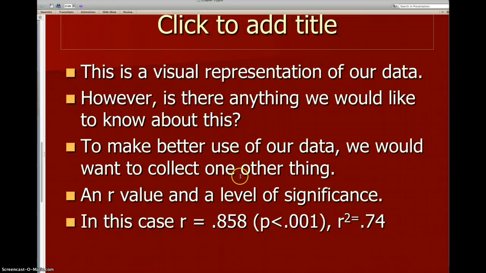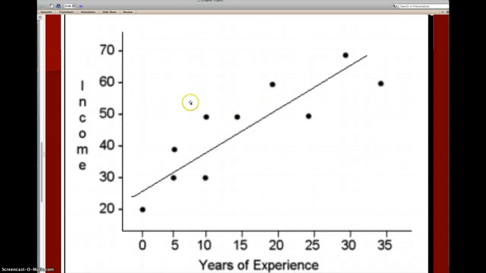Correlation coefficients can range anywhere from -1 to 0 and 0 to +1. If something is a +1, that would be a perfect correlation. That means as one thing went up, the other one would go up. And if it was a perfect correlation, all these dots would be sitting right on top of the line, and the line would be a perfect diagonal.